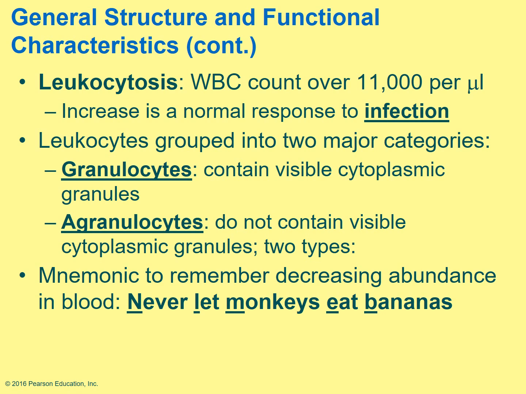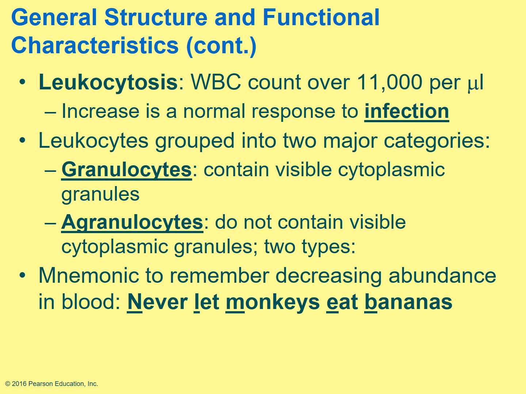Any increase in that would be normal response to infection. So we know about how many cells we should have per microliter, and then know that anything above that is going to or should trigger in you kind of a red flag of, ooh, does this patient have an infection?